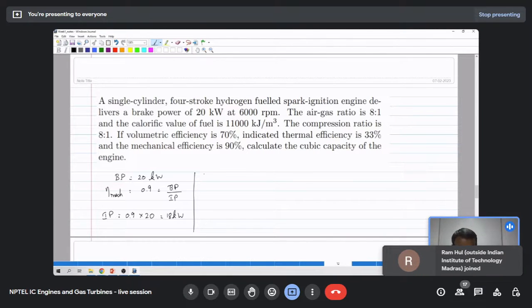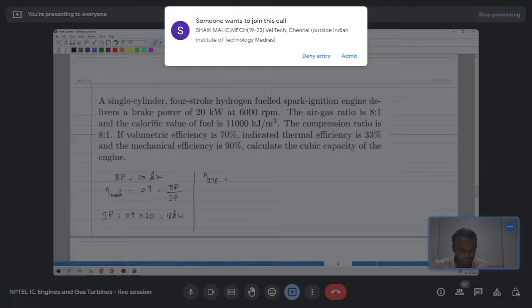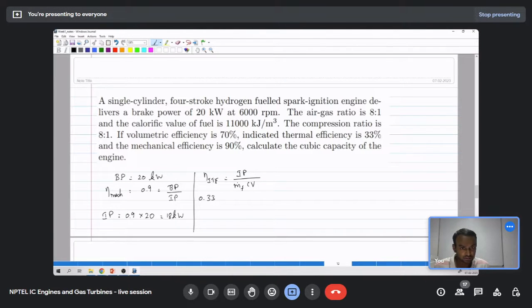Now we have indicated thermal efficiency, which is 0.33. Indicated thermal efficiency is indicated power divided by mass of fuel into calorific value. This is 0.33, and we have indicated power of 18 kilowatt, which is 18 into 10 power 3, and m dot f we don't know.